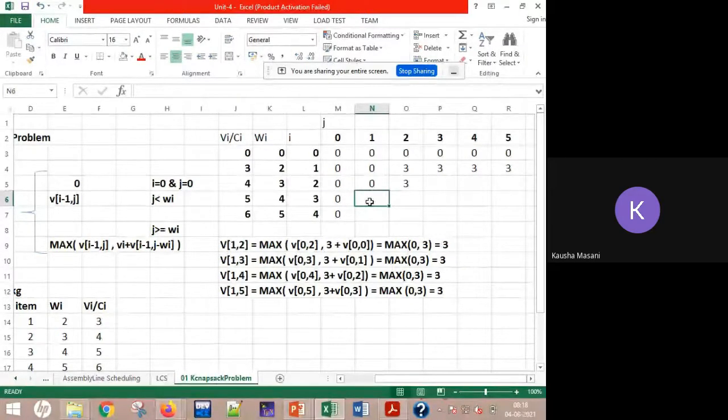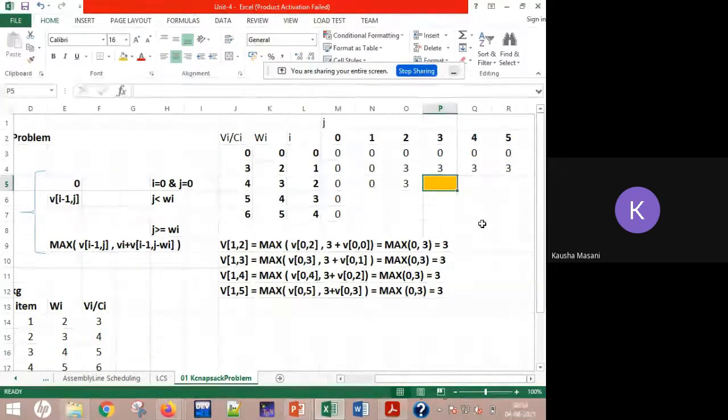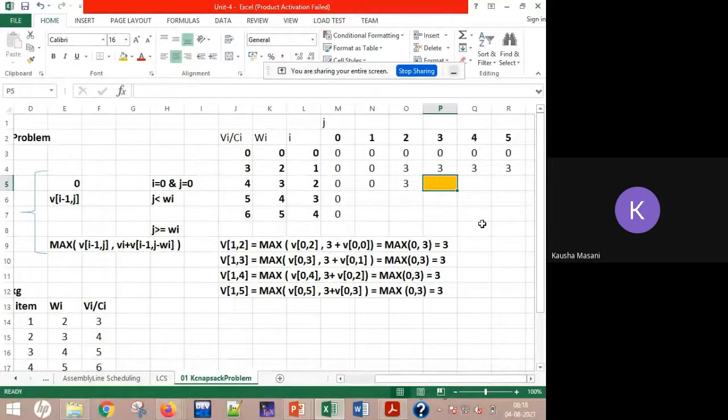You copy the previous values from the above cell. And then you start computing. So everyone compute the highlighted cell, V of 2 comma 3.